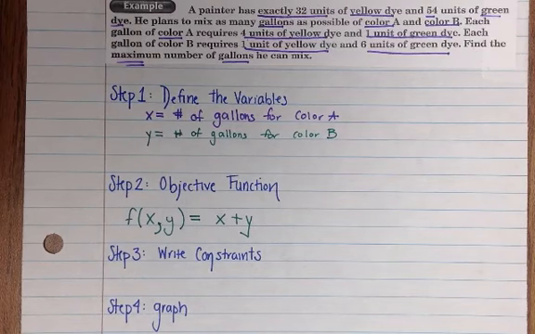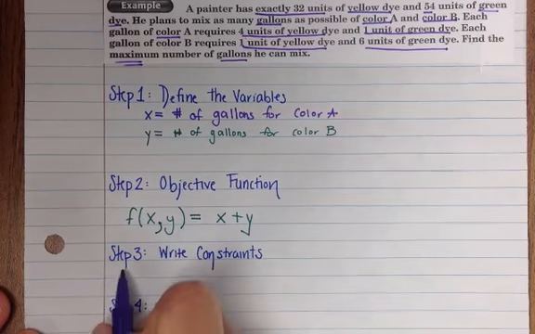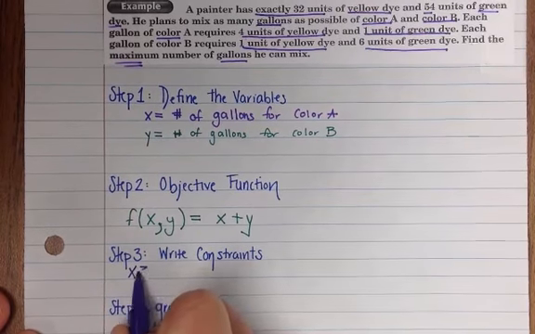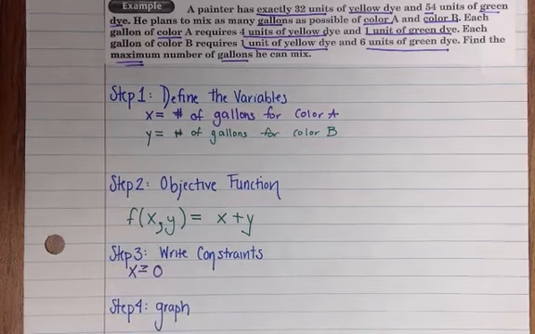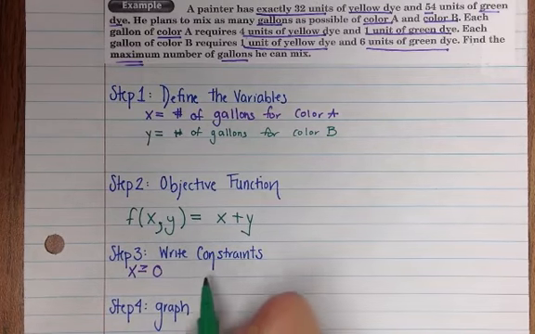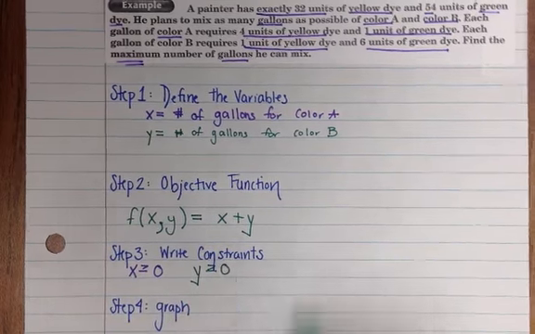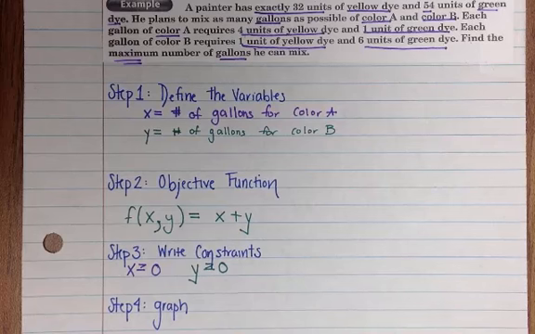So the gallons of color A and the gallons of color B must be nonnegative. That means X has to be greater than or equal to 0. We could have 0 gallons of color A, but we can't have negatives. That means Y also has to be greater than or equal to 0. Again, we can't have negative gallons of color B.